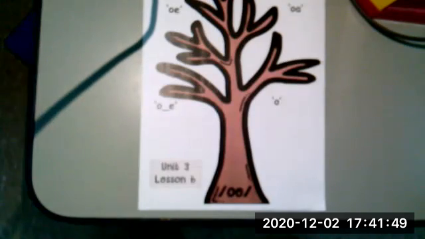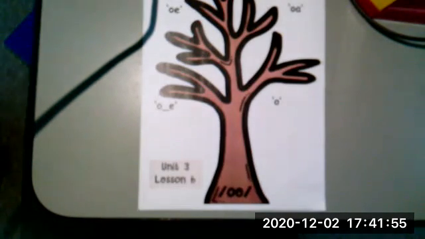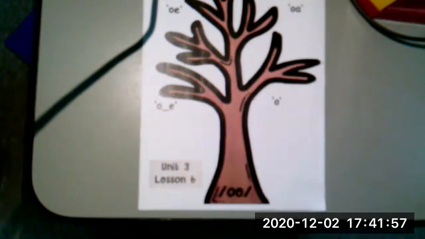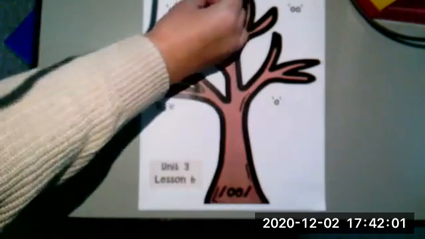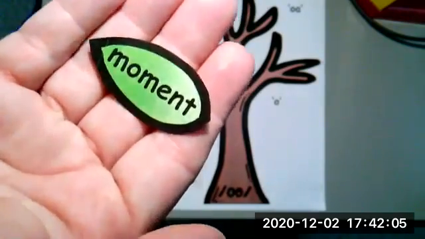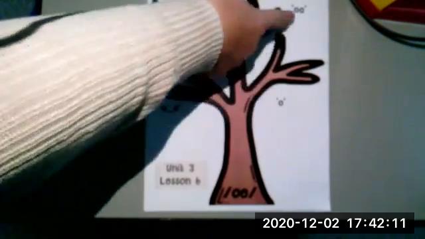Okay, I went back and got a different tree. This is from a previous lesson, but the tree that was for today's lesson is not going to work with our words. So we have the word poet. Our next word is moment. Where should that go? O consonant E, OE, O, or OA?